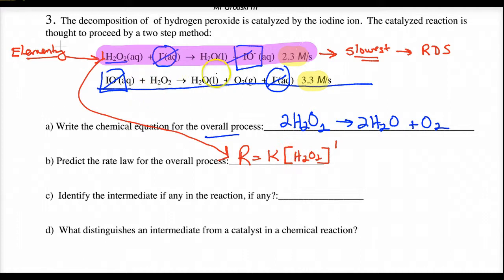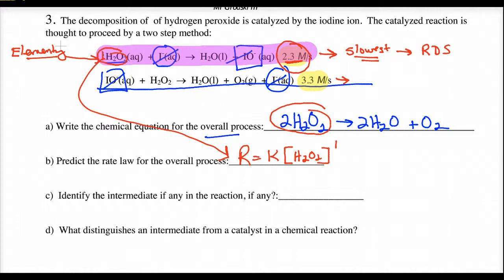The other step is needed for the overall process to occur, but the rate doesn't depend on the fast step. It depends on what? Waiting for the slowest step. We are as fast as my slowest step, so the rate law depends upon this elementary step, so the coefficients become exponents. Notice in the reaction there's 2 H2O2s. There's only 1 in this rate law, because in this reaction only one of the H2O2s is in the what?